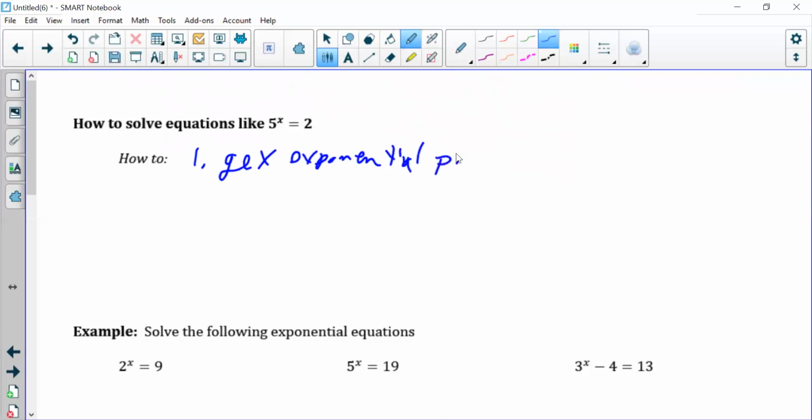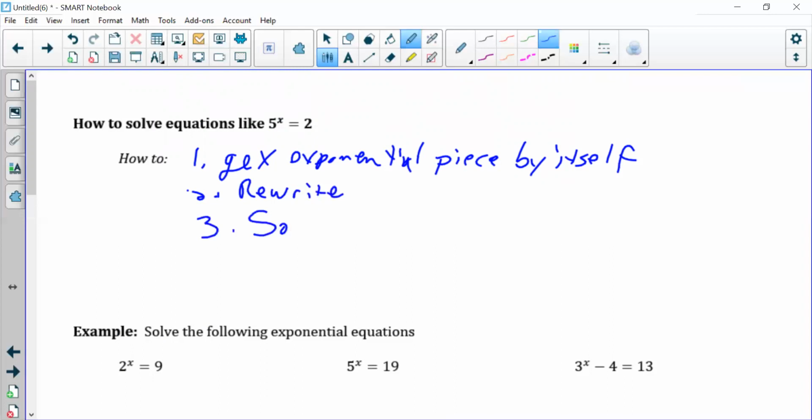Step 2, rewrite. Step 3, solve. And solving is probably going to be using the change of base formula. That's the log of the tall over the log of the small that we just learned.